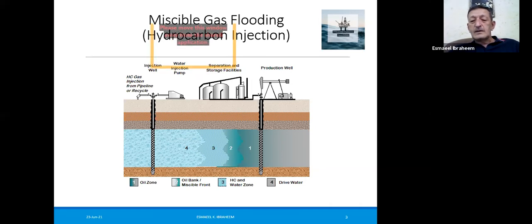This oil is mixed with the hydrocarbon gas injected into the injection well, followed by a hydrocarbon and water zone, then followed by drive water. This pushes the hydrocarbon gas to be miscible with the oil in the reservoir. Then the fourth one pushes the whole mixture to the producing well to produce the hydrocarbon.